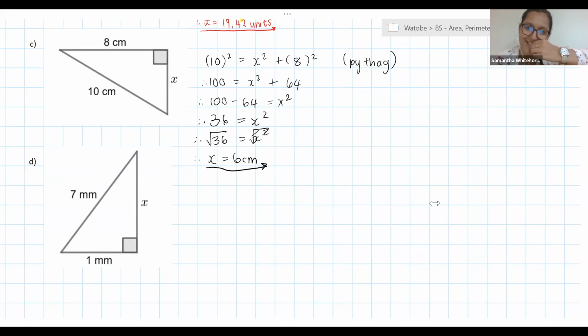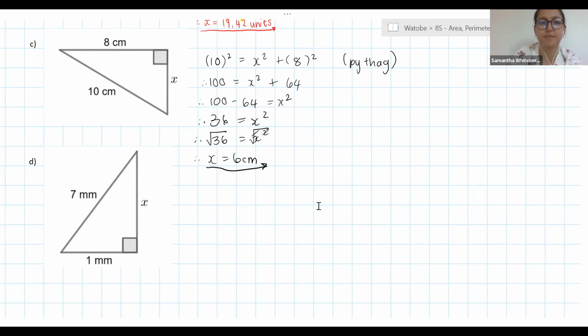I think Leah is having a problem with unmuting. So while Leah is trying to sort that out, we can move on. Okay, Tato, do you want to try for us? Question D. Yes, ma'am, I'm still calculating though. Okay, well, let's do it together. So where would you start?